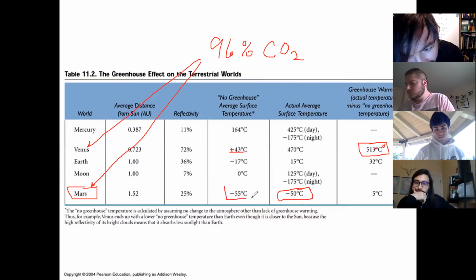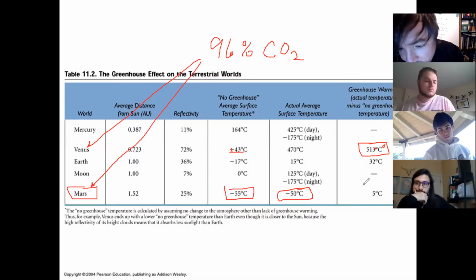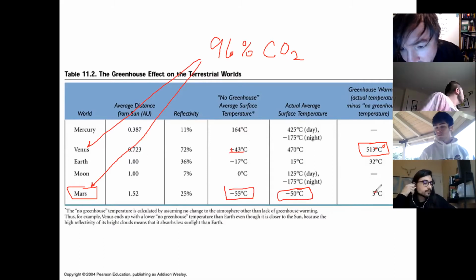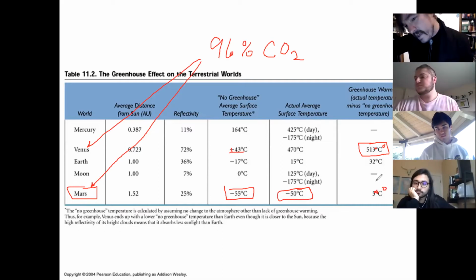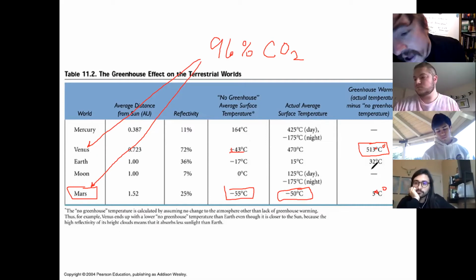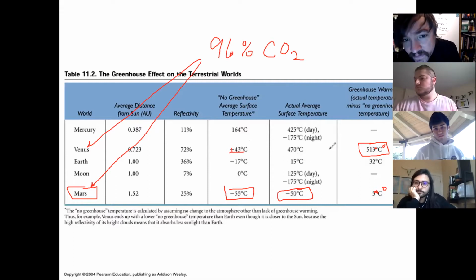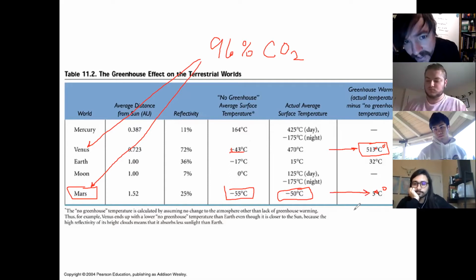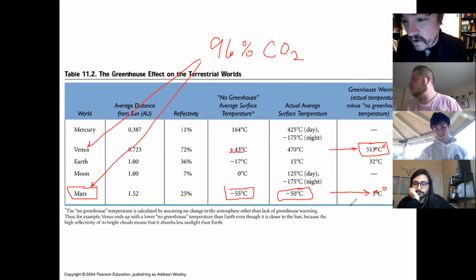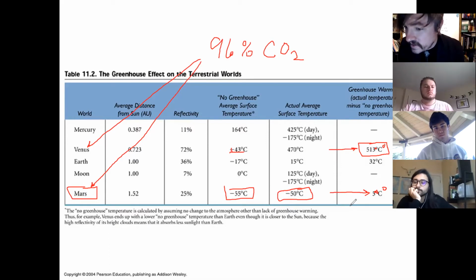But without the greenhouse effect, it would be negative 55, meaning Mars only gets a temperature differential of 5 Celsius degrees. My thought question is, Noah, why would Venus, made of 96% greenhouse gas, have such a dramatic change in temperature? Mars is also made of 96% greenhouse gas, but it only changes by 5 degrees. Why is it different on Mars?